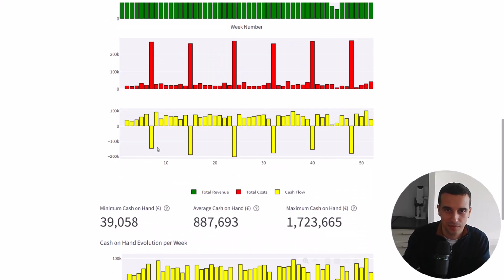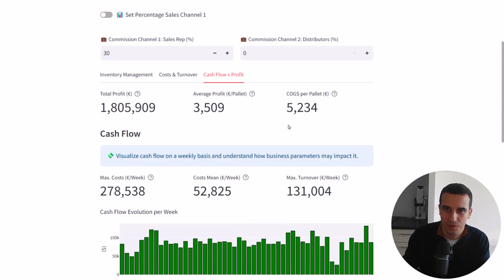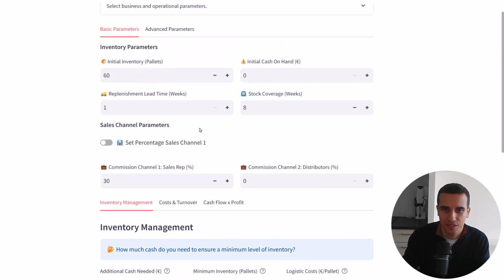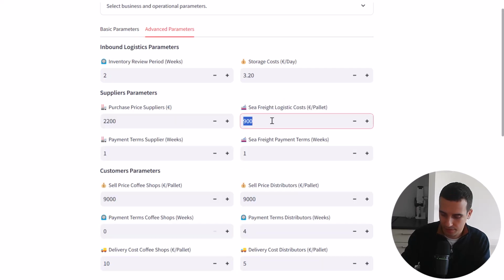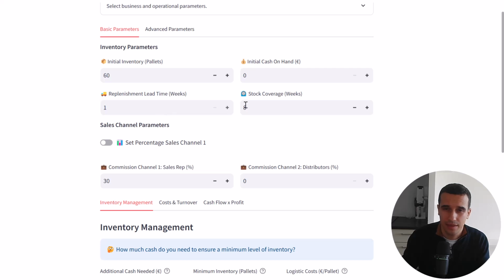So that's pretty good. But in terms of profitability, look, you lost nearly, I think, if I remember, 900 euros of profit per pallet. It's terrible. So let's forget about air freight. Come back here. I forgot here, replenishment 4 weeks.